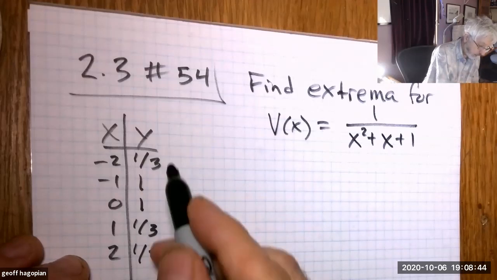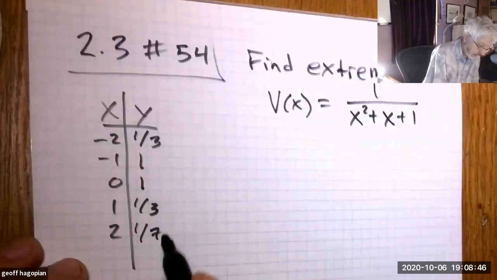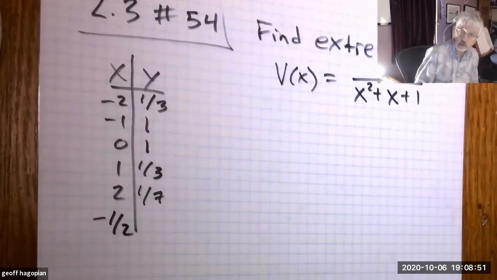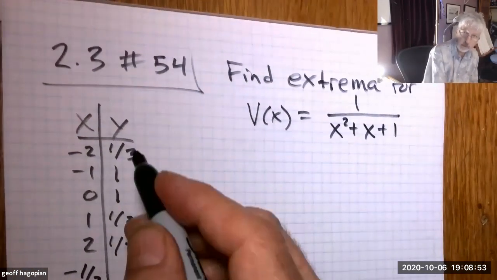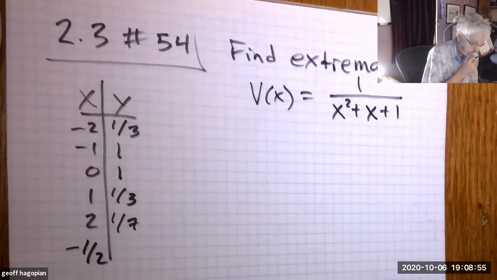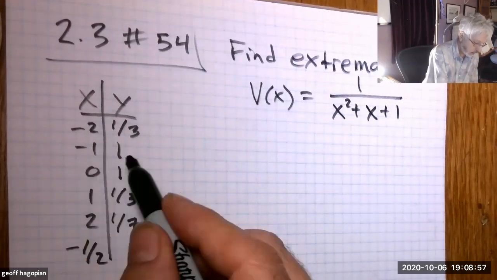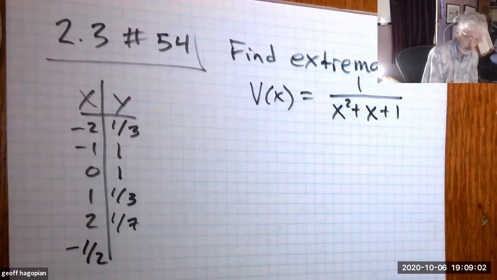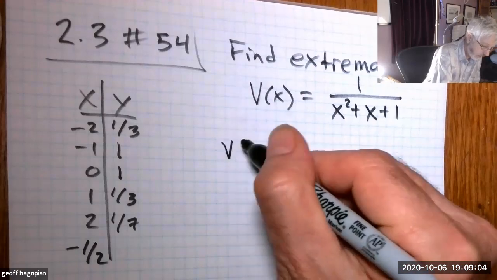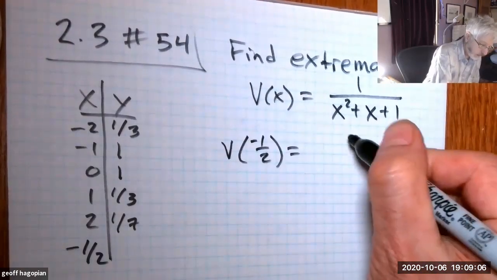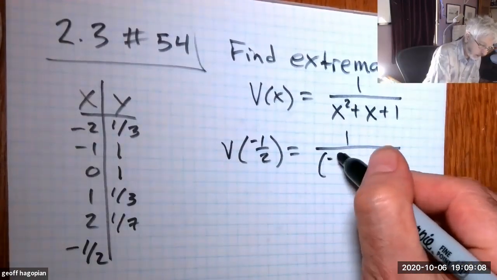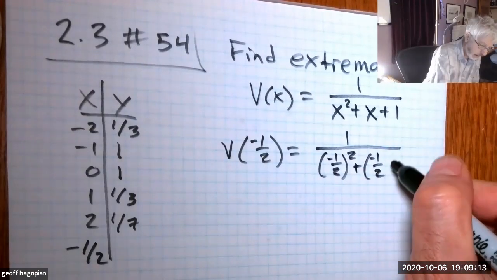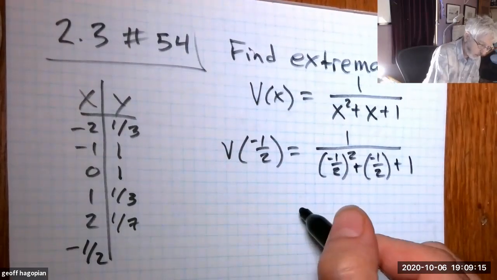In fact, it looks like we have symmetry here. So you might just guess from the numerical data that the maximum is going to occur around -1/2, halfway between -1 and 0. So what's v of -1/2? What does the function do to its input? It squares it, you add the input to that number, and then you add 1, and take the reciprocal.